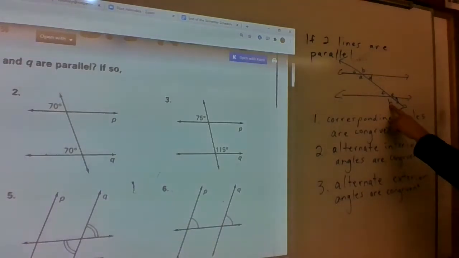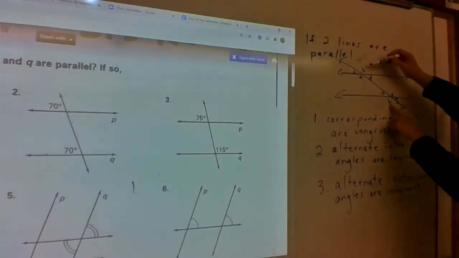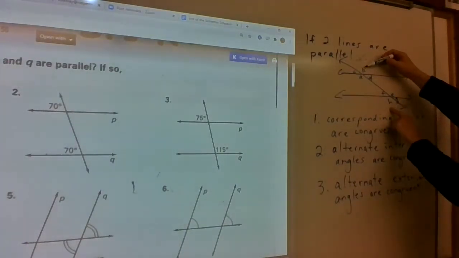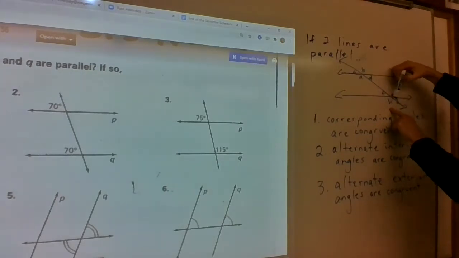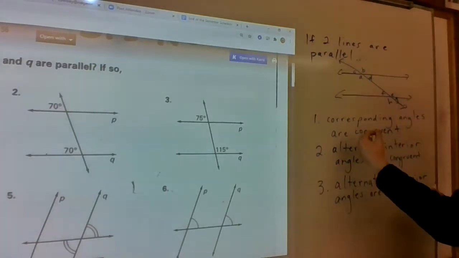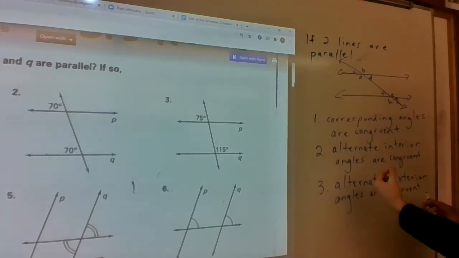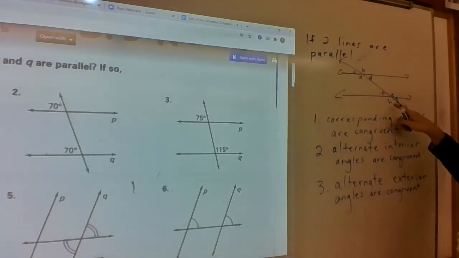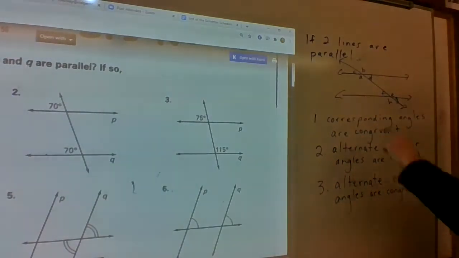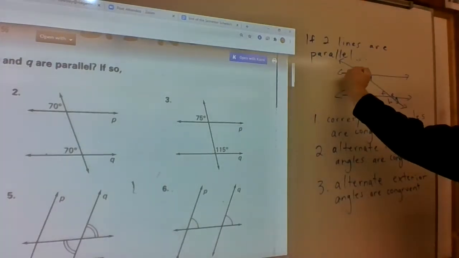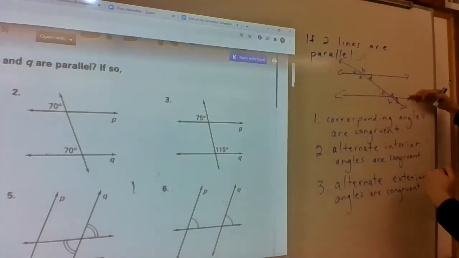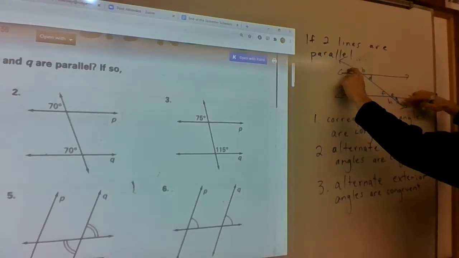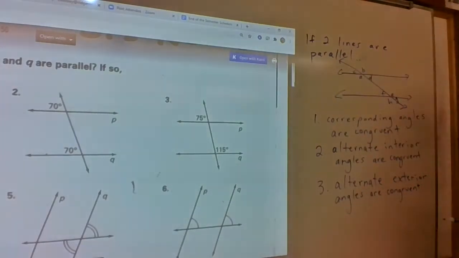Well, what we're saying here with alternate exterior is that B and H, those are alternate exterior angles that match up and are both congruent to one another. So B is the same as H. Just as C, this outside angle, is the same as G over here. C and G are alternate exterior angles.